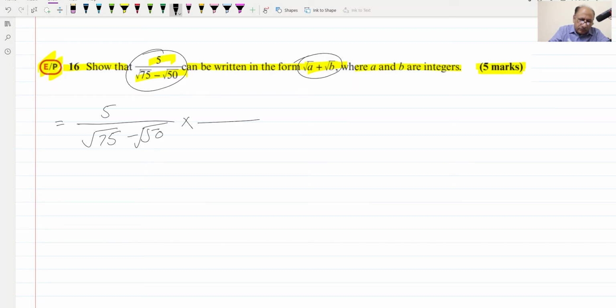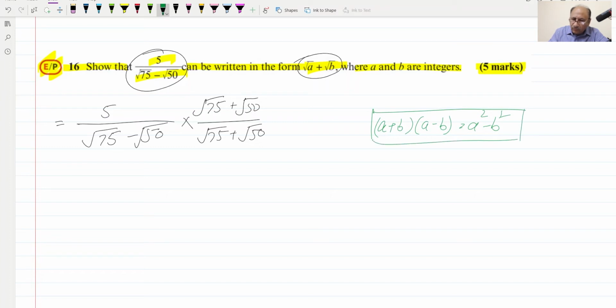We are taking the opposite sign, multiplying and dividing also. So we can write root 75 plus root 50, and we know the formula a plus b into a minus b is equal to a squared minus b squared, and this is a very important formula which we will be using on the denominator.